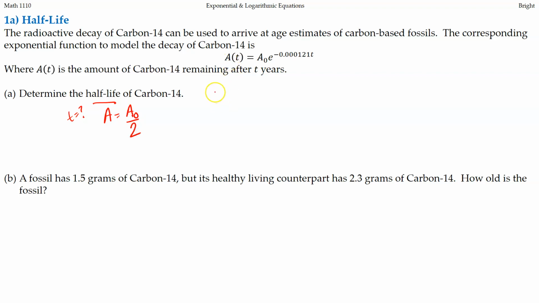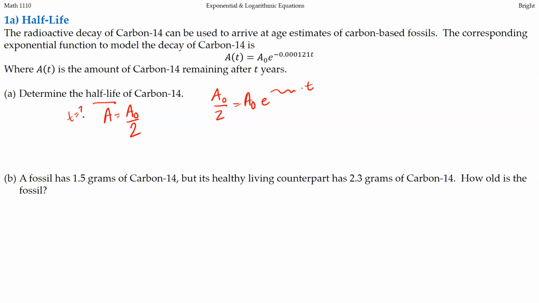So in my equation, I would just start this equation by saying A naught over 2 is equal to A naught e to the junk times t. Okay, I'm not going to write that all out, but that's how you would start this question. Okay, I want to get to the other examples. So exponential decay is certainly a scenario where we would see exponential functions and logarithmic functions pop up.